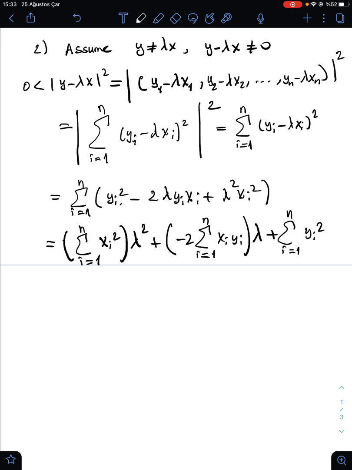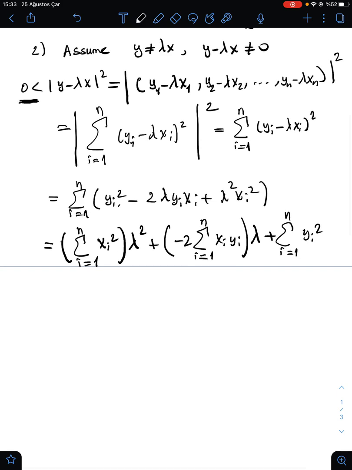What we began with is that the whole expression is bigger than 0. Remember second degree polynomials: if you have no root in the polynomial, then you know that the discriminant is less than 0.